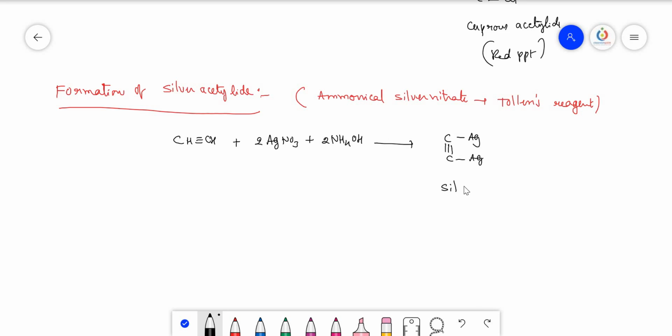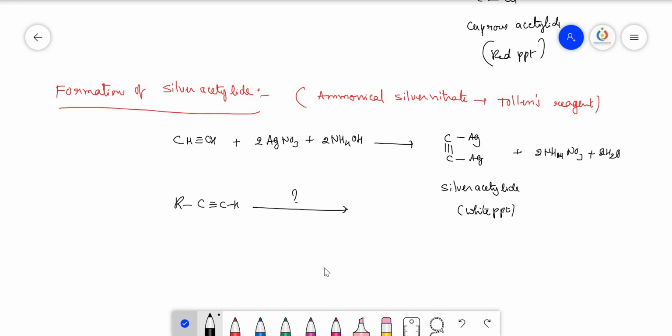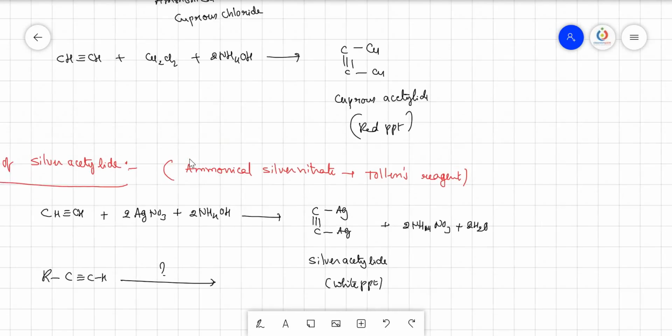It is called silver acetylide, which is a white precipitate, plus 2 moles of ammonium nitrate plus 2H2O. So even terminal alkynes, not only acetylene but even RC triple bond CH, also react with Tollens reagent and give their respective compounds. But internal alkynes do not react with Tollens reagent or any of these compounds.